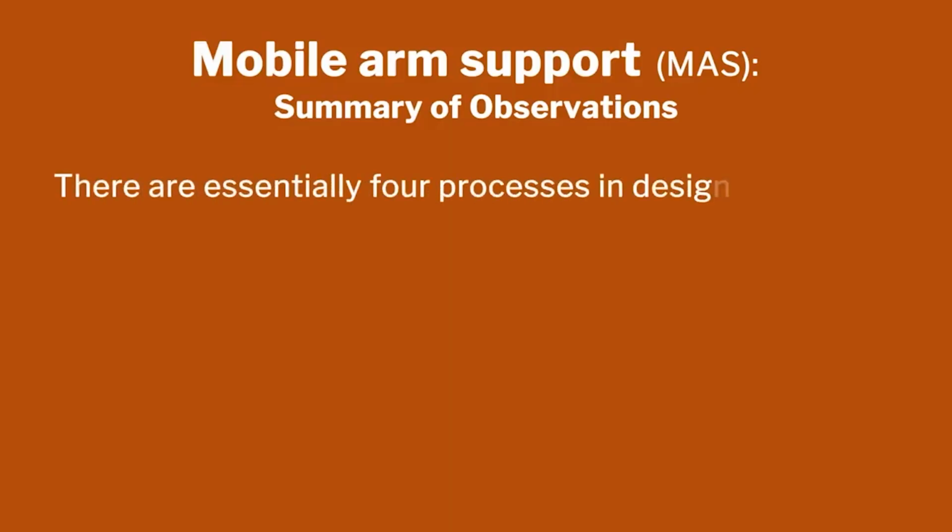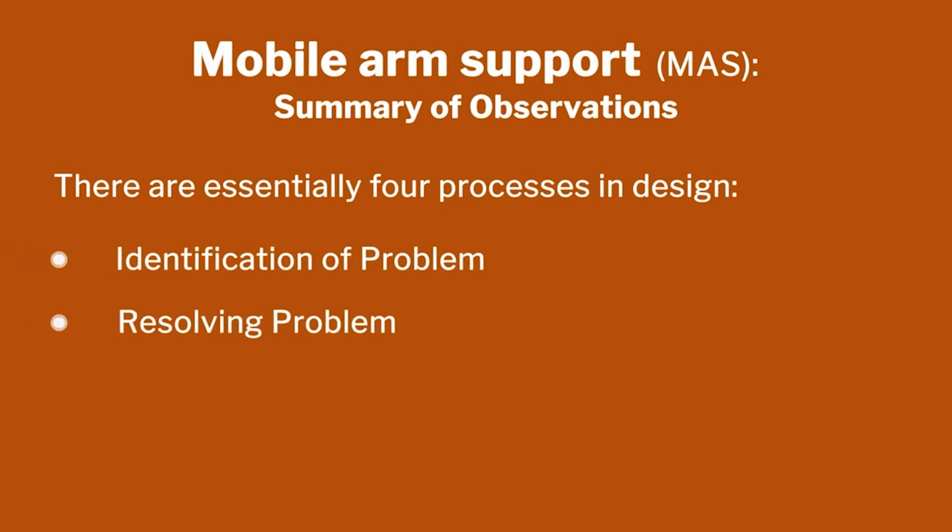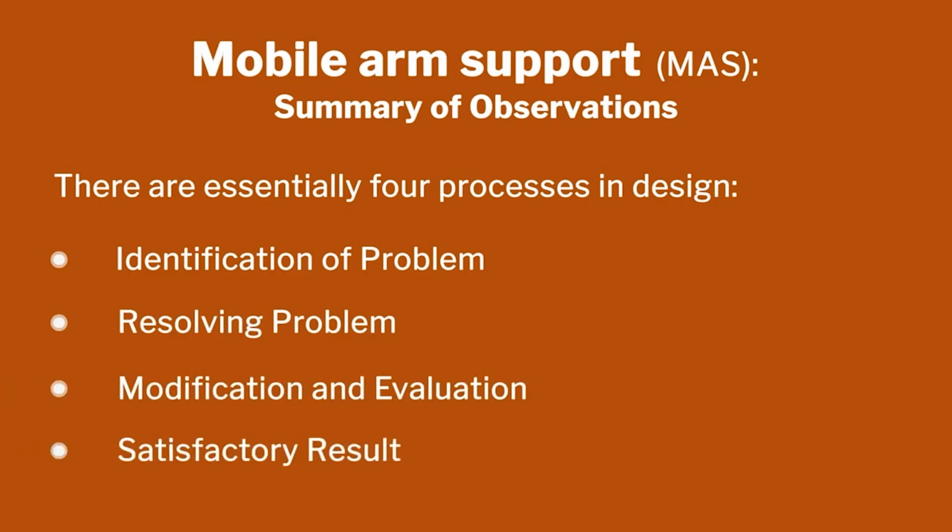And to do that, you have to go through these 4 stages. Okay, you do that almost unconsciously, but I want to make it explicit. You identify the problem, you come up with ways to resolve the problem, you model and evaluate the problem, and this process goes on until you are satisfied or you are completely dissatisfied and you give up.